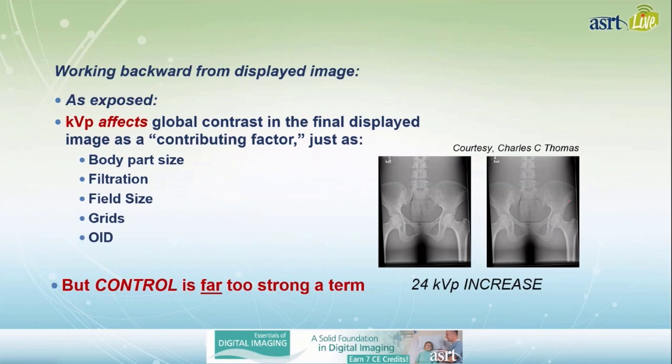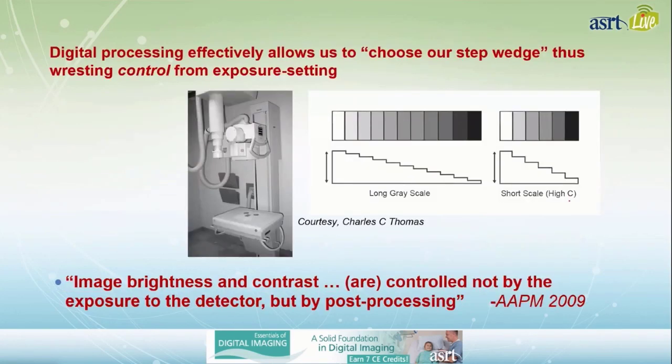We're not saying by any means that kVp does not affect contrast in the final image. What we are saying is that the term control is far too strong a term to be using when we're discussing the relationship in the digital age between kVp and the final contrast in the image displayed on that monitor.